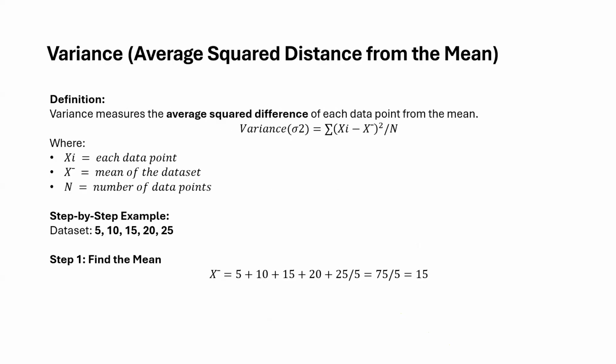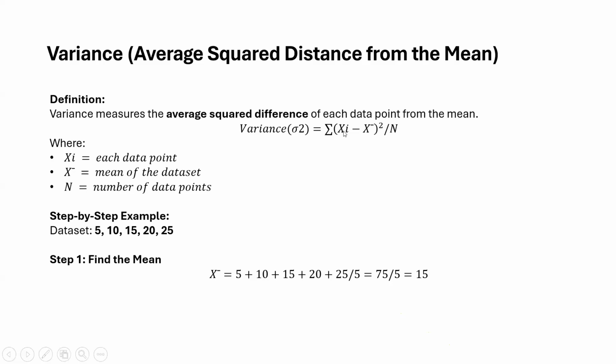Okay. Let's come to the most important measure of dispersion, that is variance. It's nothing but the average squared distance from the mean. So you can see the formula here. We represent variance with sigma squared. I think everyone has studied this in elementary school, right?